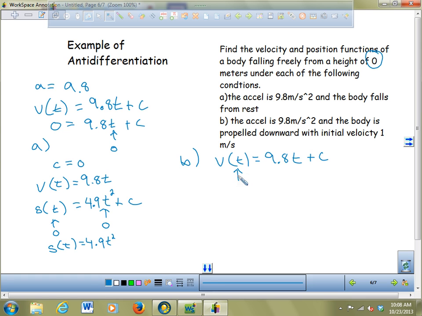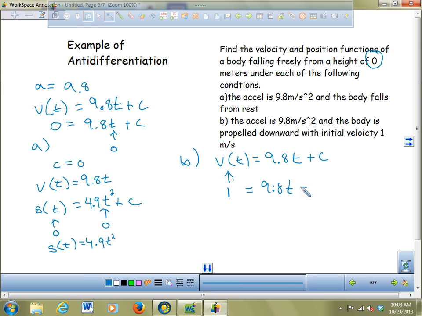What's v of t? v of t is 1, okay? And it's positive 1 because this is talking about the velocity in a downward direction, so it's not considered really negative velocity. It's just talking about from this starting point, its velocity is positive. So you're throwing it down with a velocity of 1. So 1 goes in there.